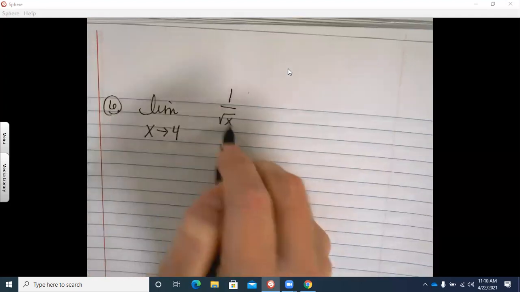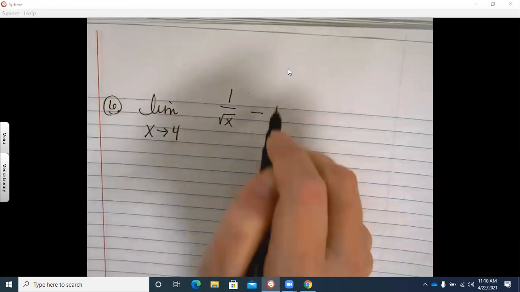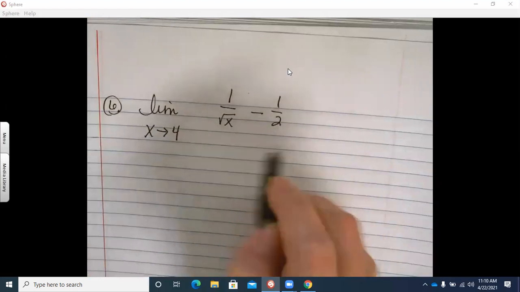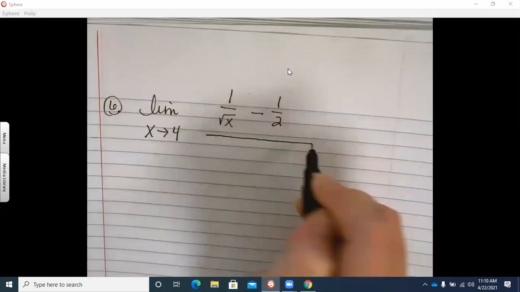What is the limit as x approaches 4 of 1 over the square root of x minus 1/2, quantity divided by x minus 4?